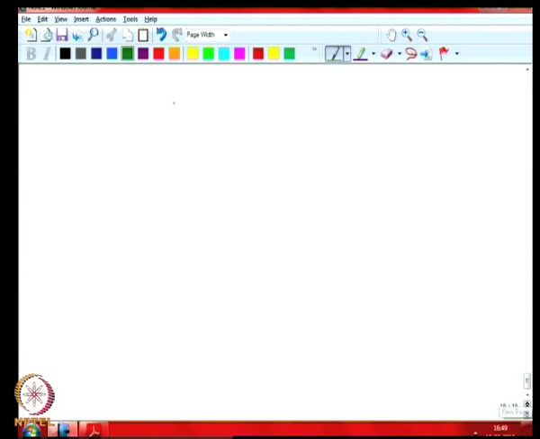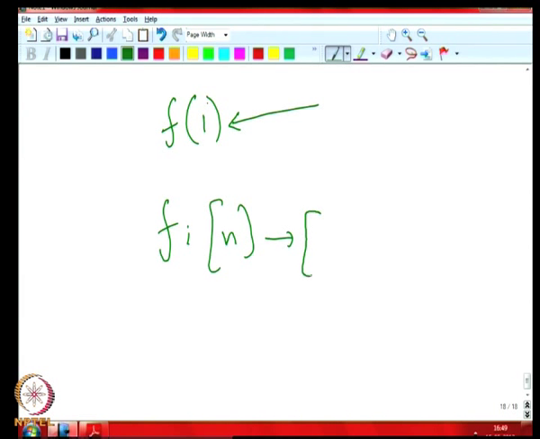For instance, for f of 1, how many ways can you fix a value? We are talking about bijections from n to n. There are n possible ways to fix it, because there are n values, but once you fix a value for f of 1, f of 2 can be assigned a value only from the remaining n minus 1 things.